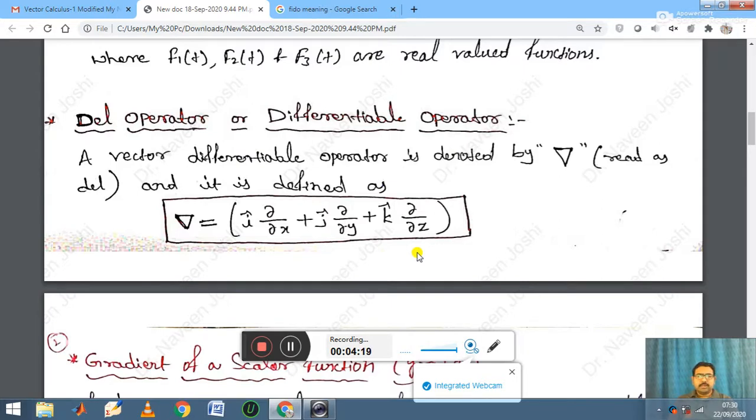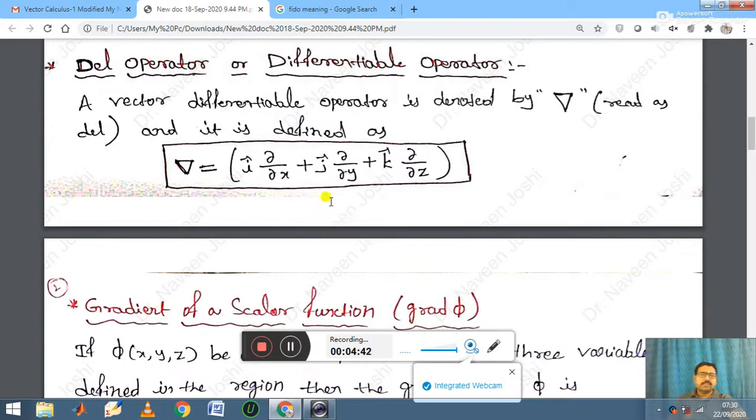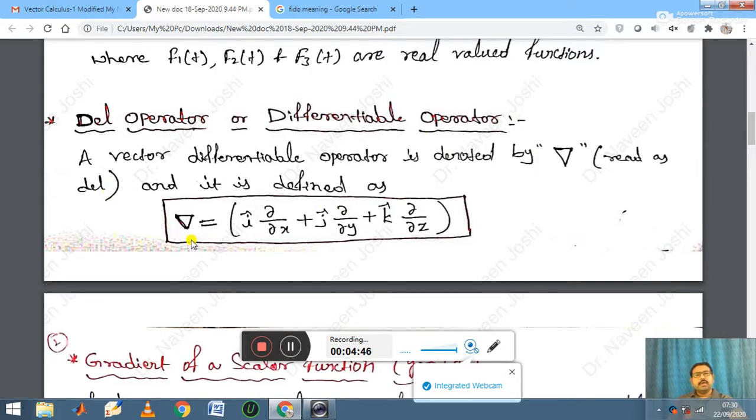Therefore it comes under partial derivatives. You can easily understand it is three-dimensional, because it contains ith, jth and kth components. We define this del operator for a three-dimensional axis system: x axis, y axis and z axis. This is a very important notation, read as del.